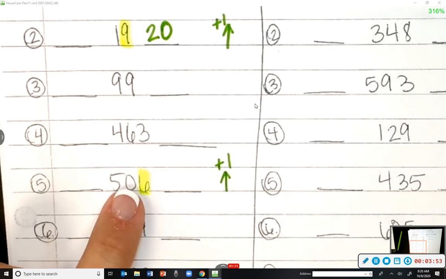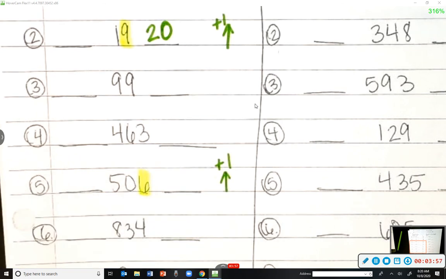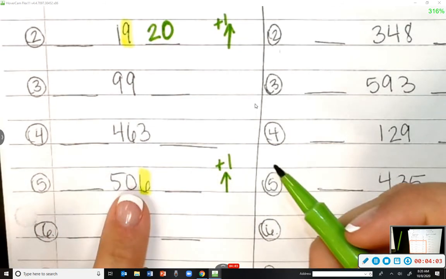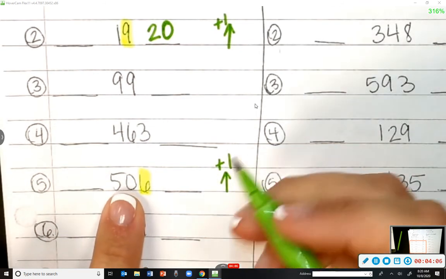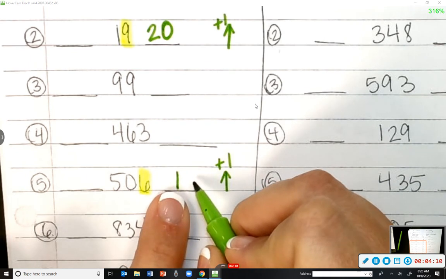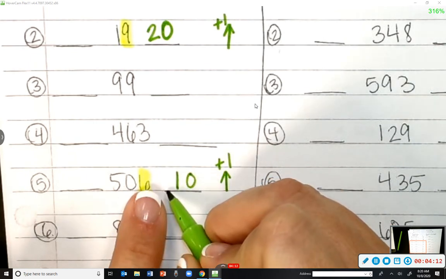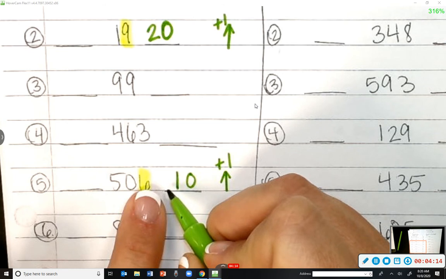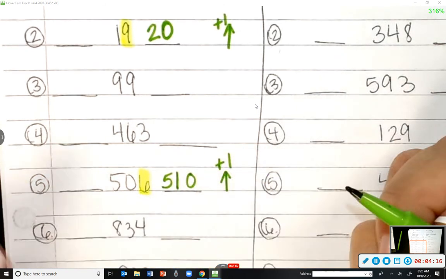So the 0 now is what? A 7. 0 plus 1 is 7? Oh my goodness. I thought you were talking about the 6. No, the tens place. It turns into a 1. The numbers behind become what? 0. Numbers in front stay the same. Okay?